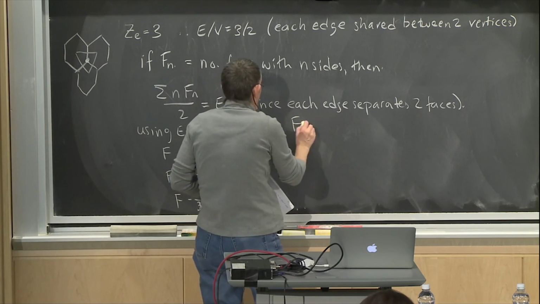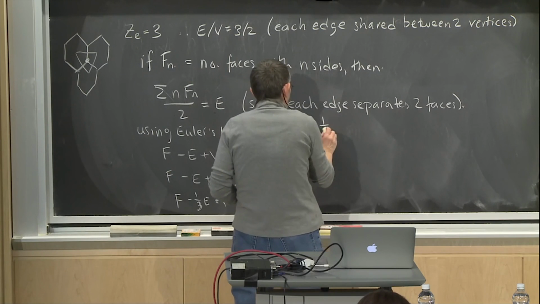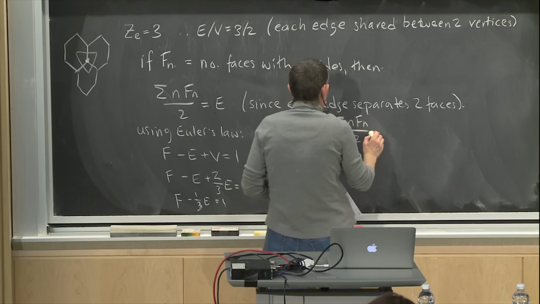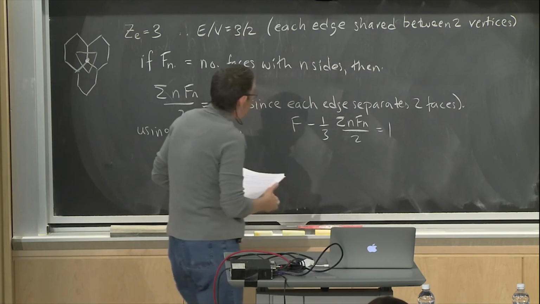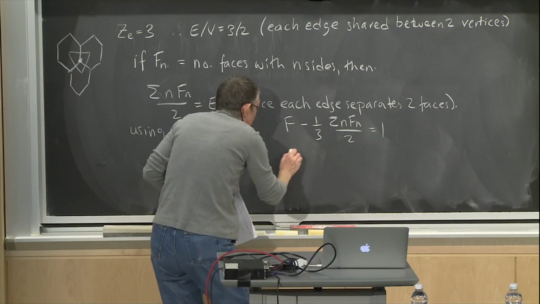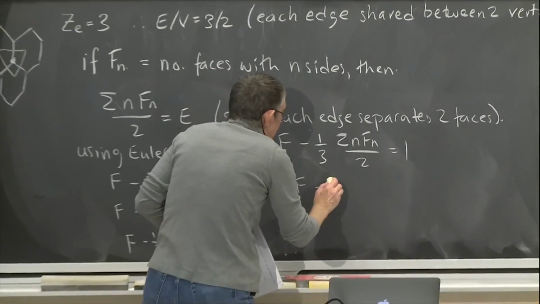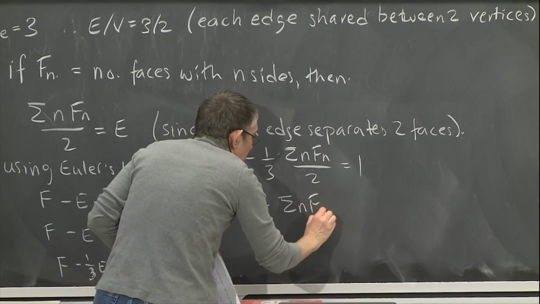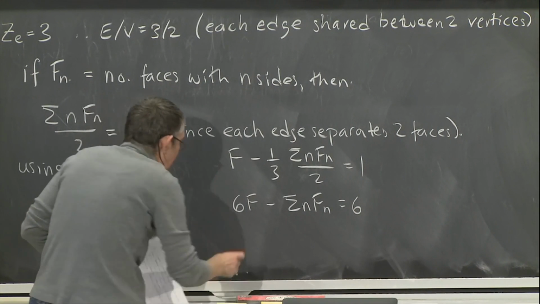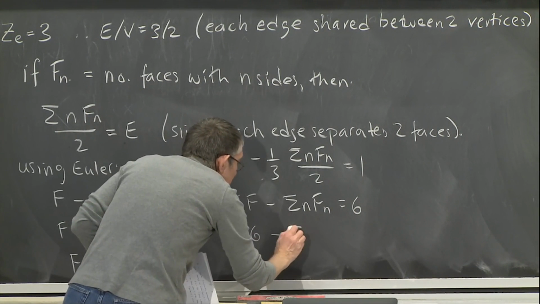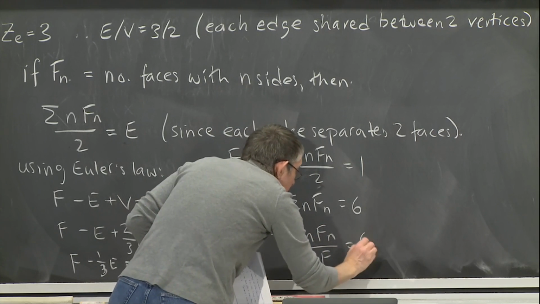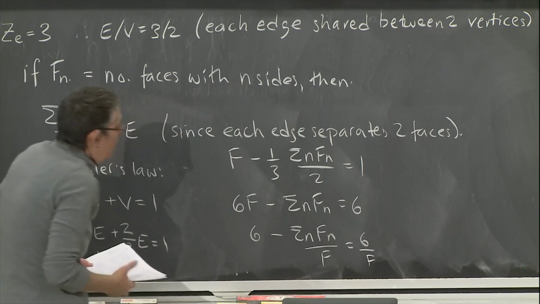So that gives me f minus 1/3 of the sum of n times Fn over 2 is equal to 1. And then I'm going to multiply everything by 6, so I can get rid of my denominator. So 6f minus sum of n Fn is going to be 6. And then I'm going to divide that through by f. So that's 6 minus sum of n Fn over f is equal to 6 over f.